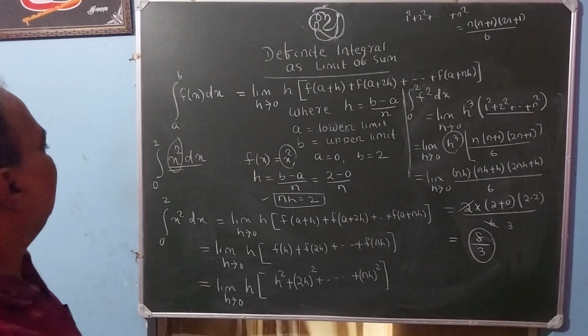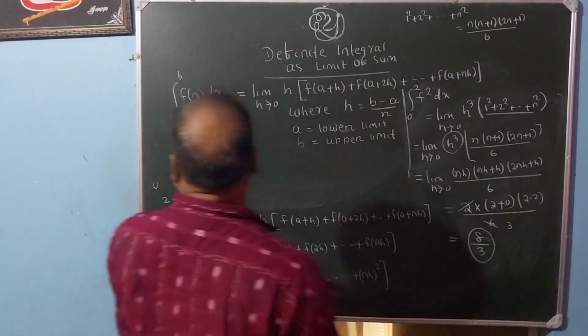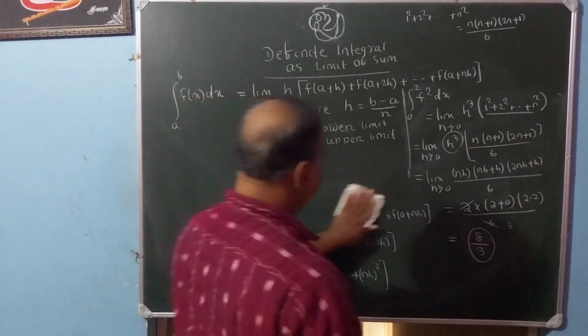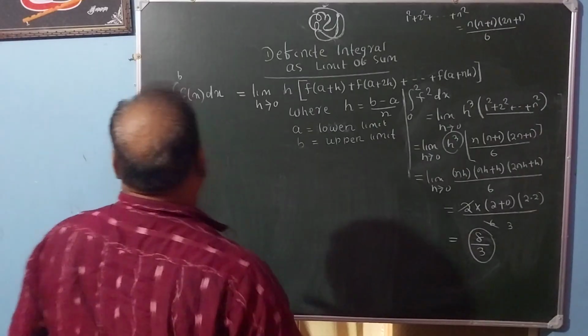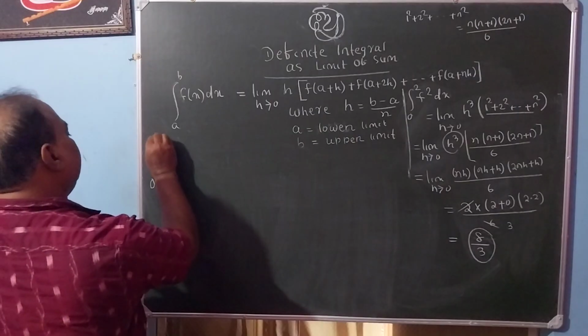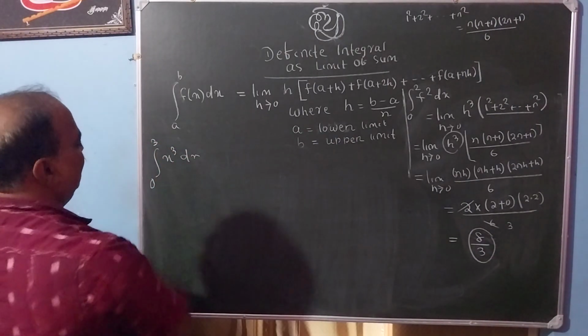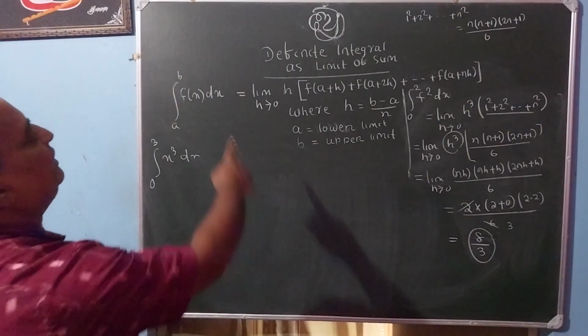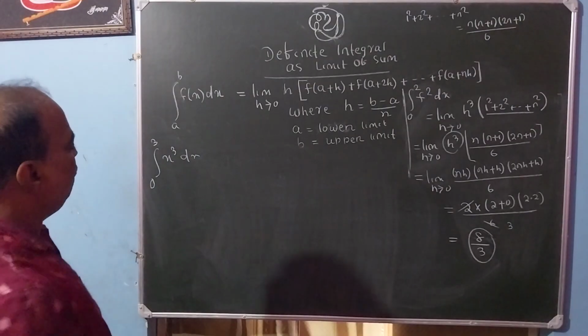Now let us take another example. The integral of 0 to 3 of x cube dx. Now by using the definite integral as the limit of a sum, we have to work out these problems.